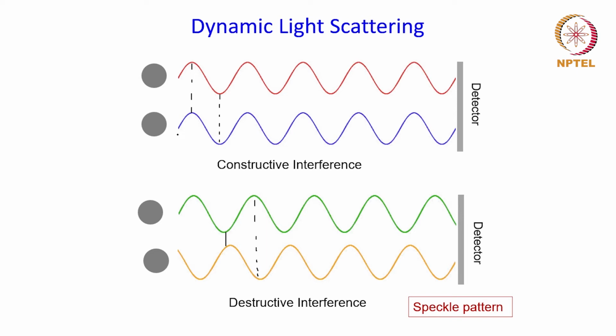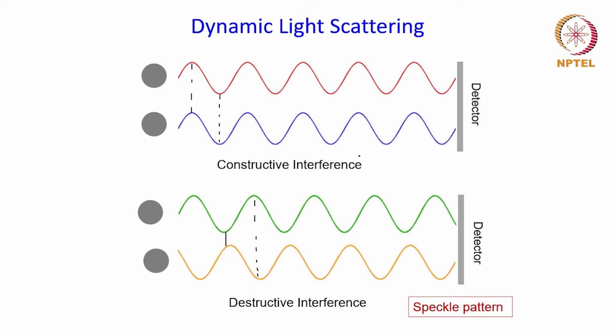But now, as we have seen, when the particles are dispersed in a fluid, which is often the case for the particle size measurement by this DLS technique, the condition is dynamic because these particles are in Brownian motion, and as a result of that, their positions with respect to the detector are continuously changing, right? So the conditions here are dynamic, and that is how the name dynamic light scattering.